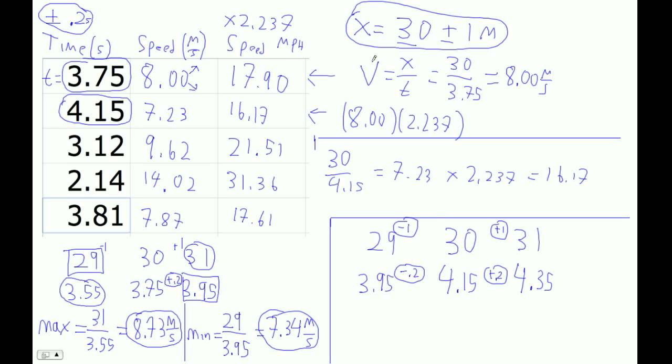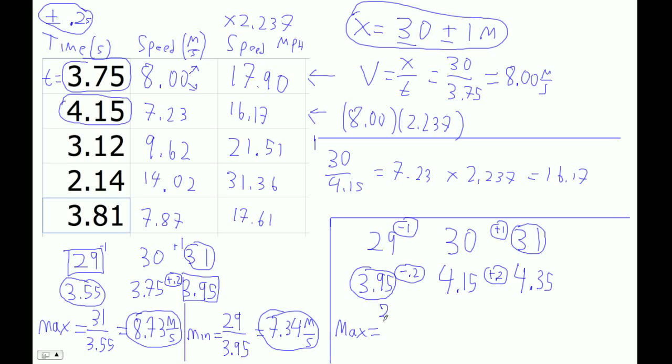Now, remember that velocity is distance over time. So to get the max, we're going to divide one of those by one of those. You divide the biggest numerator, that's this one, by the smallest denominator.